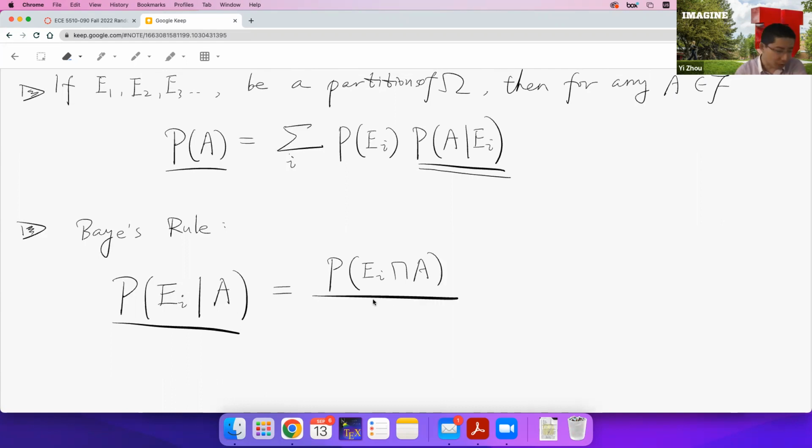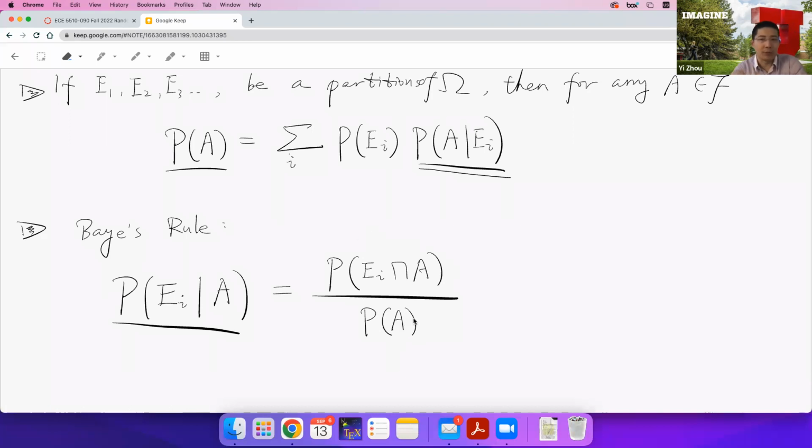This is the ratio between the probability of the joint event over the probability of the event A. But in many cases, we generally do not know how to compute the probability of this joint event, and also the probability of this event of interest.